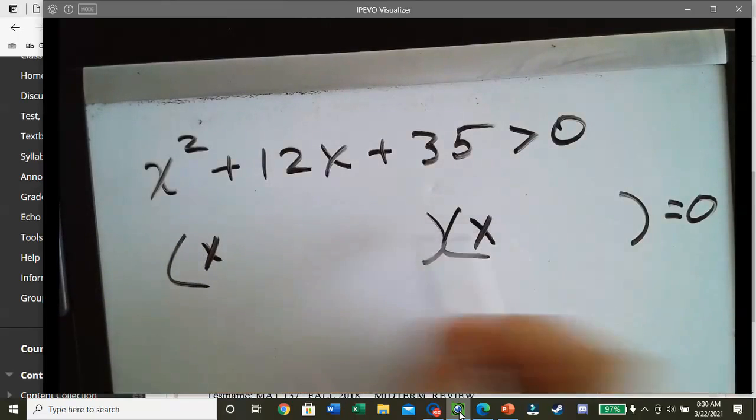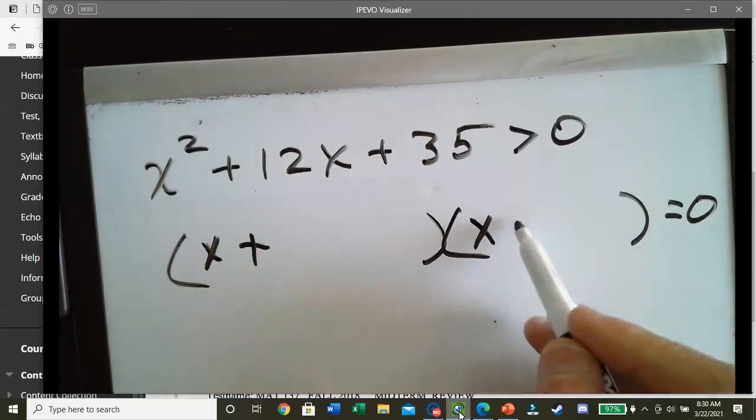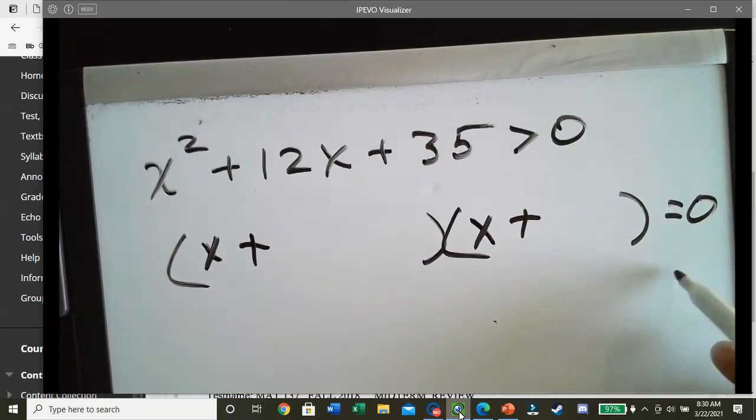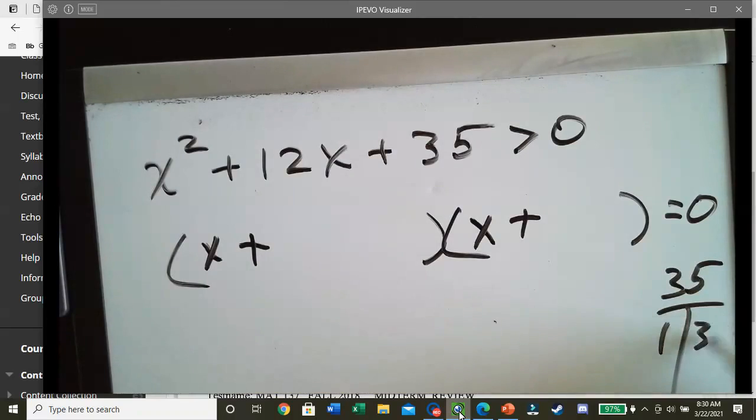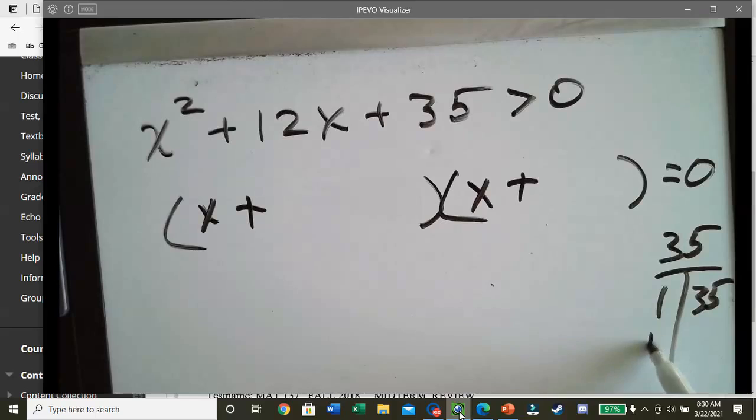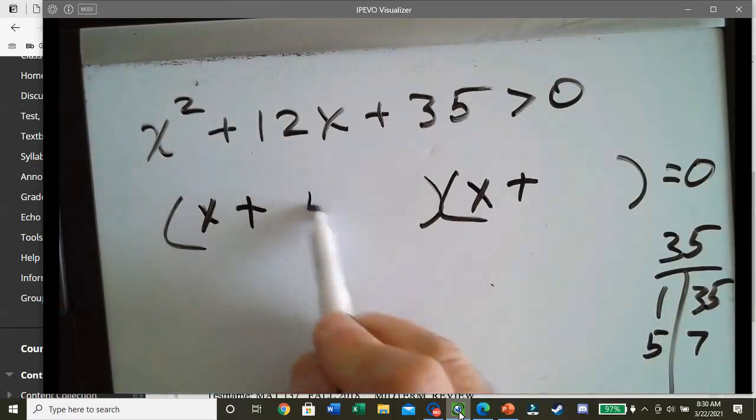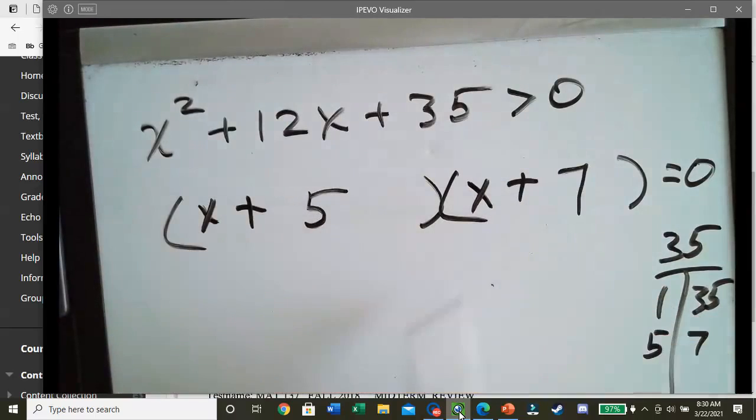Okay, put in our x's, right? Our signs, this one's easy, they're both plus, right? So we're looking for factors of 35, which are 1 and 35, and what else? 5 and 7, right? And that's it. So this is going to be x plus 5, and this is going to be x plus 7, right?